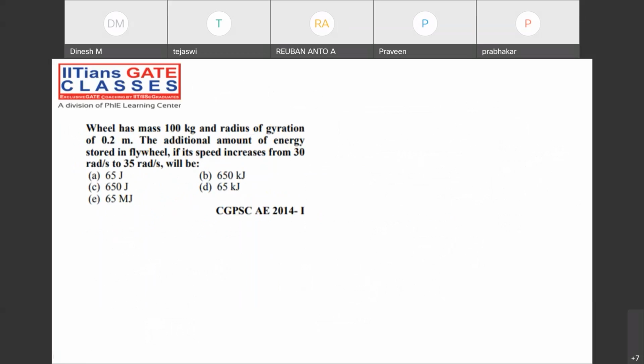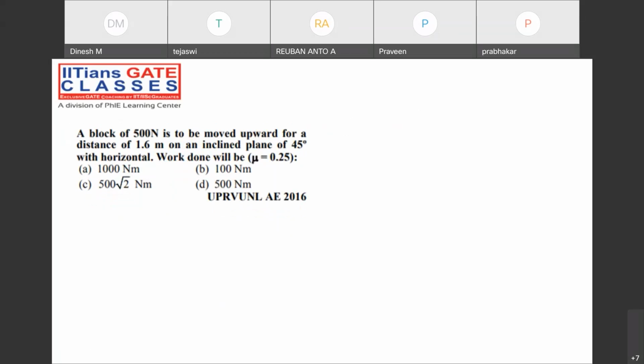Before that, I would like to tell you about a few questions. Try to solve this question. What will be the solution? A wheel having a mass. This problem will be better to solve after the center of gravity and moment of inertia calculation. This question will be a very good one to solve after moment of inertia, right? Now try to solve this question.